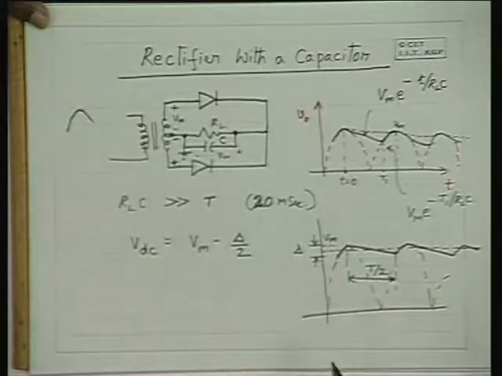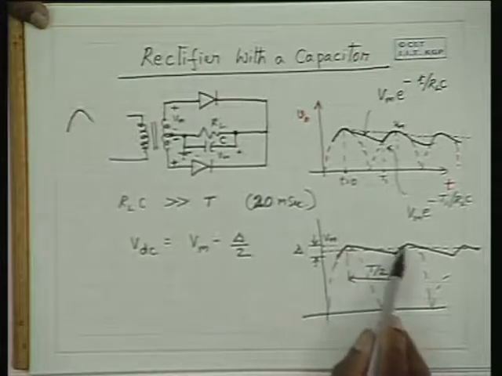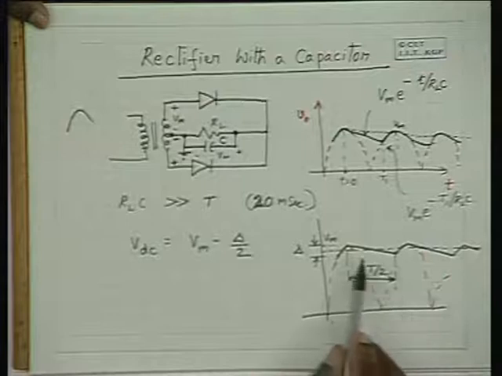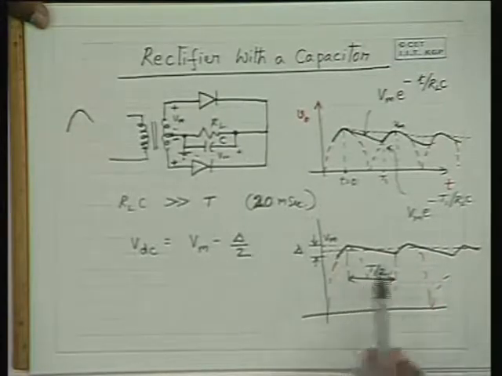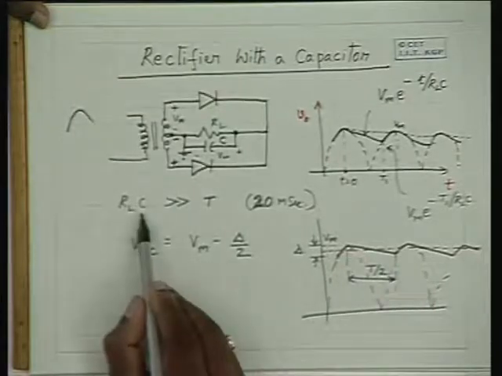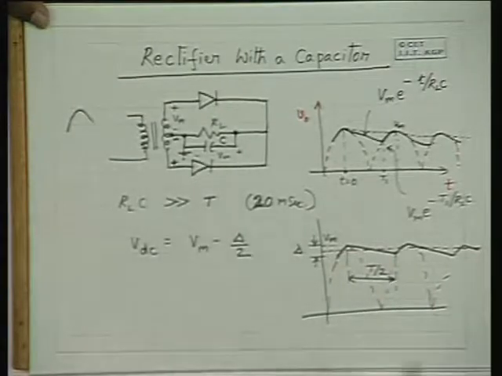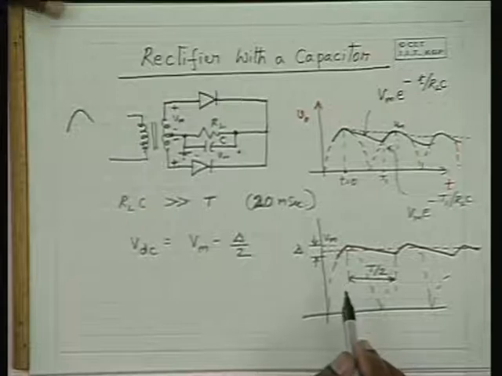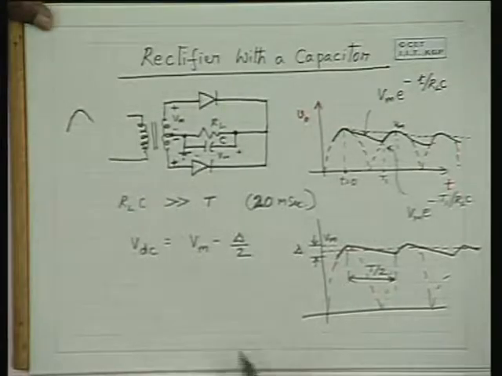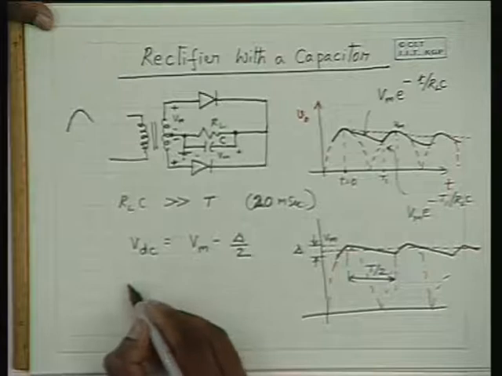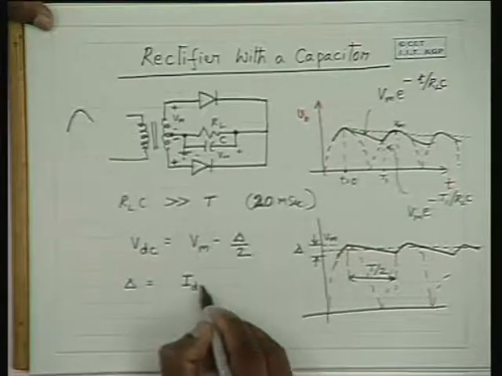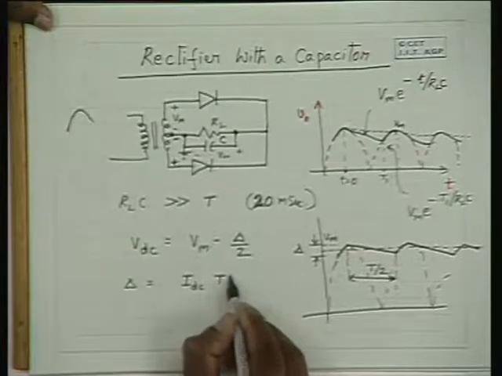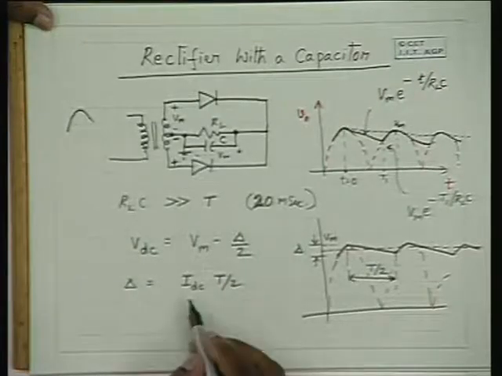This is one assumption, and the other approximation is that the waveform is a triangular waveform, which can be made with the assumption RLC much larger than T. With this, we can show that delta is equal to IDC into T by 2 by C.